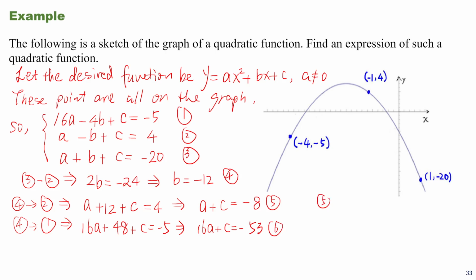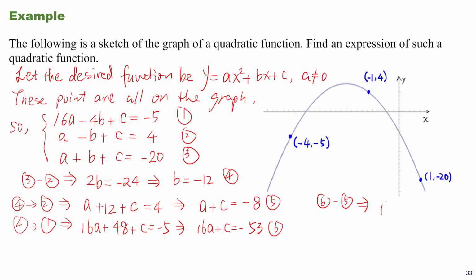So now we can use equation number 5 subtracted by equation number 6, and this will give us, let's use equation number 6 minus equation number 5 because we don't like negative coefficient.